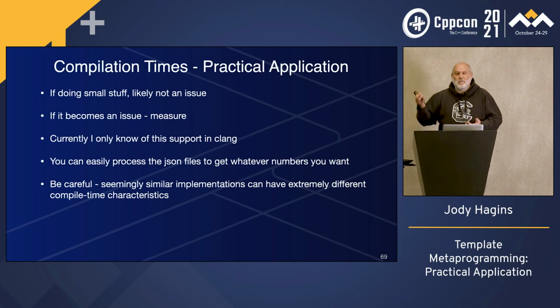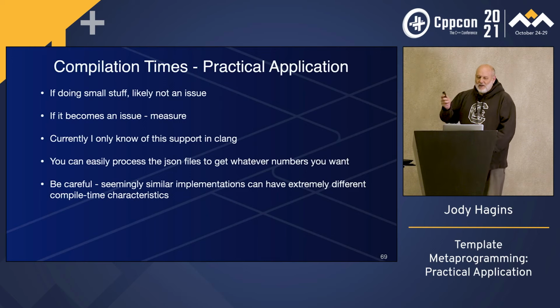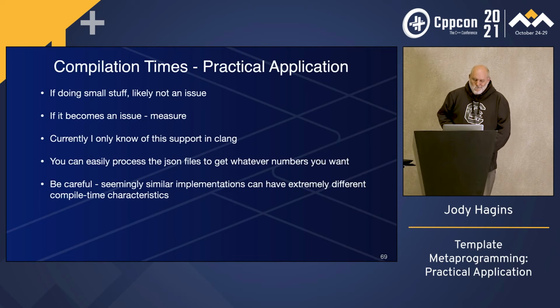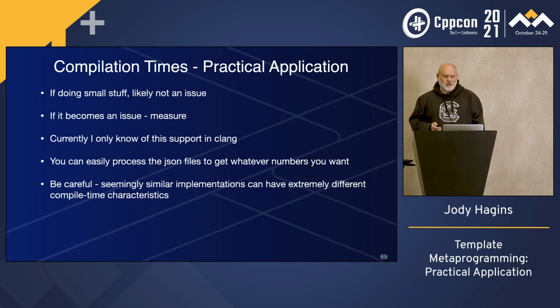I'd even buy you a beer if that's what you want. Currently, I know, it's only supporting Clang, and you can process the JSON, it's documented. I mean, it's a normal format document. Be careful. Seemingly similar implementations can have extremely different compile time characteristics.